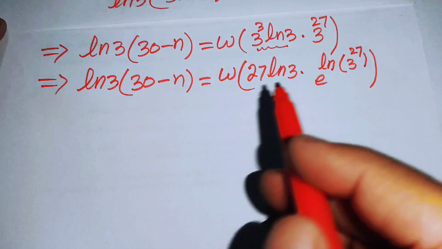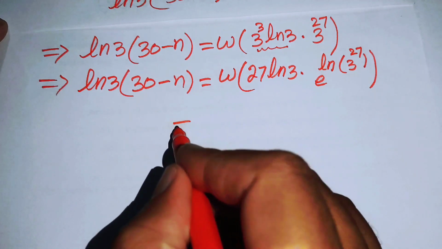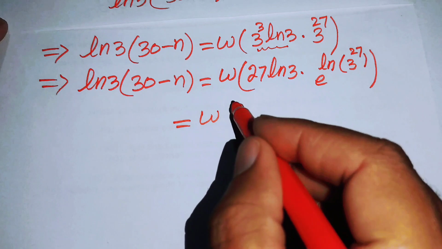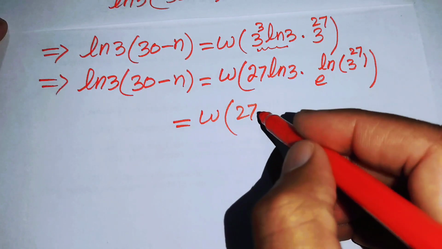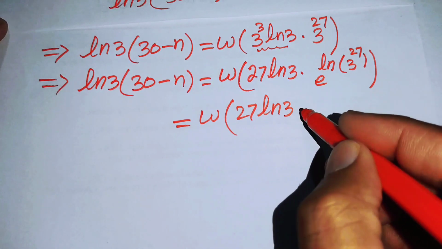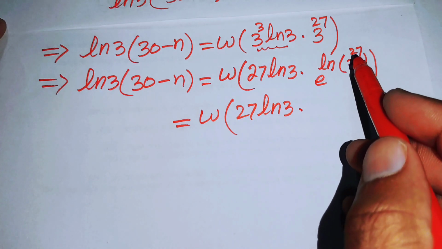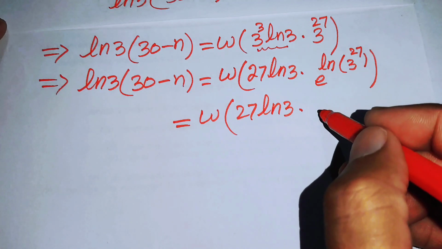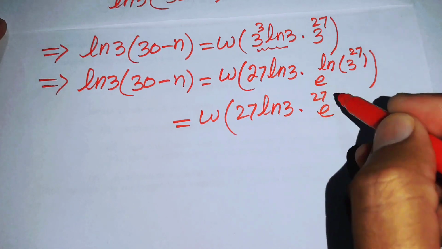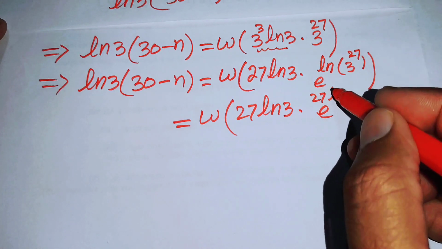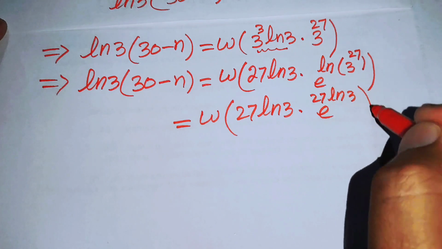And now in the next step we will write this as 27 times log 3 into, here we apply the nice property of logarithm and we move this 27 in front of the log, and we write e to the power of 27 times log 3.